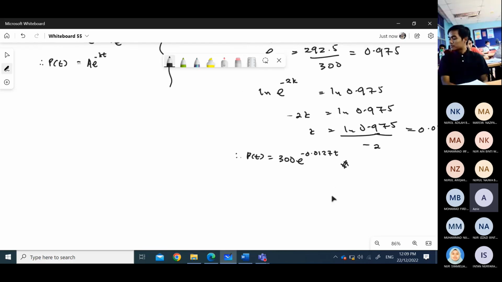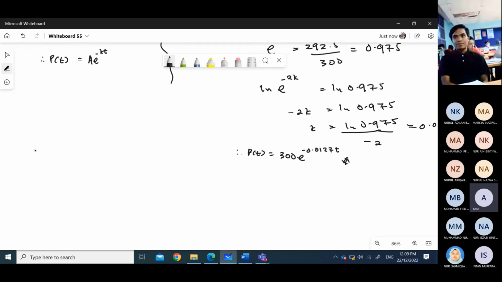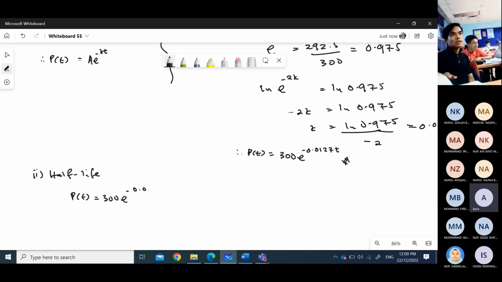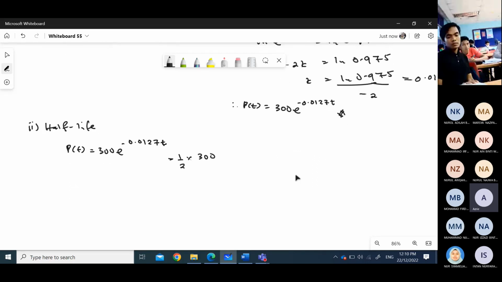Buatlah. Dah, dapat tak? Half-life, setengah. So P at T, 300 exponent negative 0.0127 T, it is equivalent with 1/2 multiplied with 300, 150.